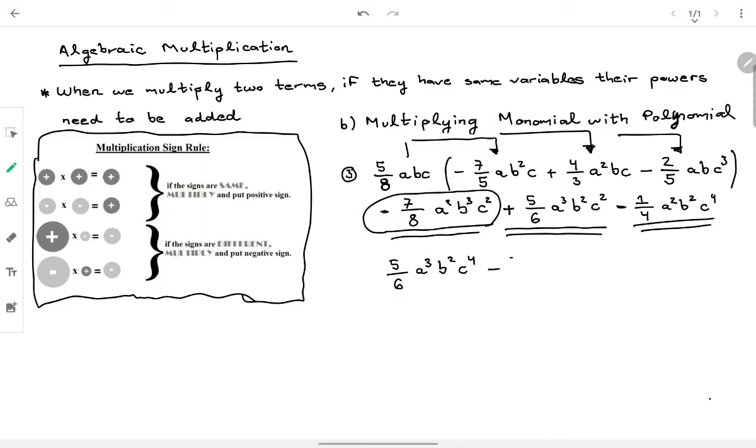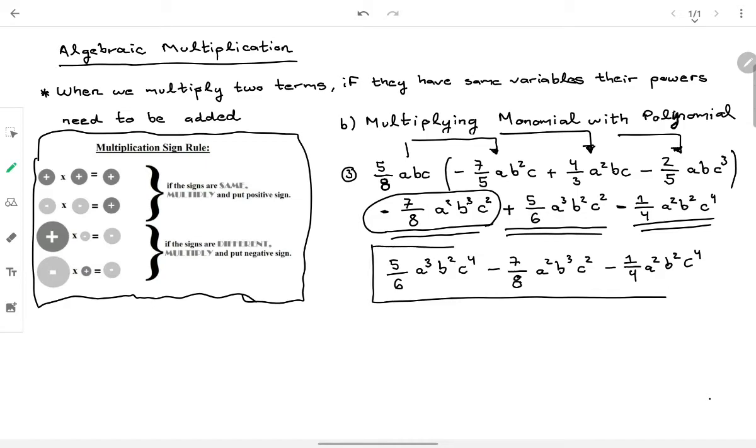So it's going to be minus 7/8 of a squared b cubed c squared. And at the end we will get minus 1/4 of a squared b squared c to the fourth. And this is going to be our final answer ordered.